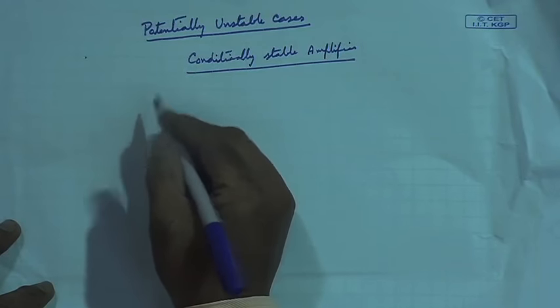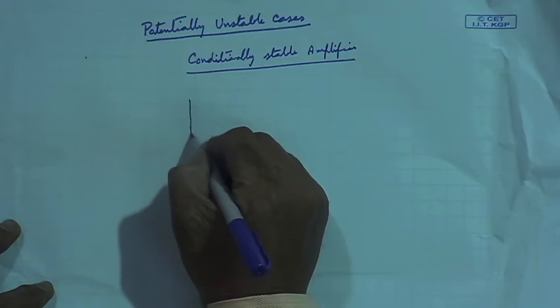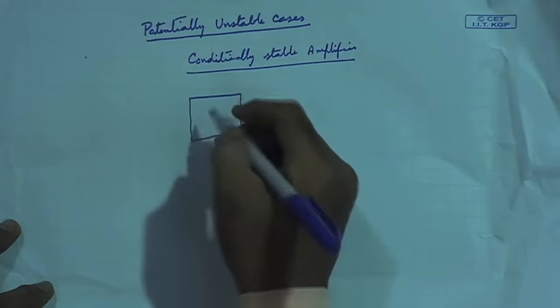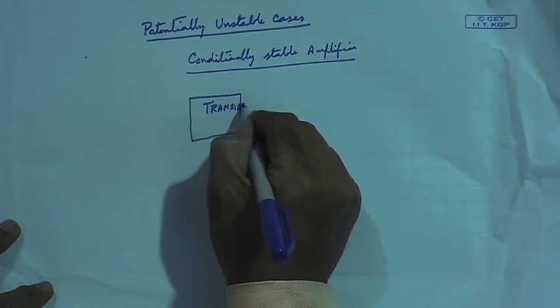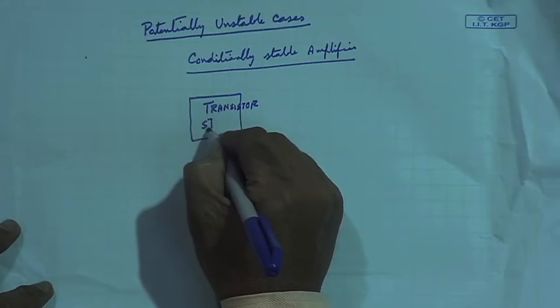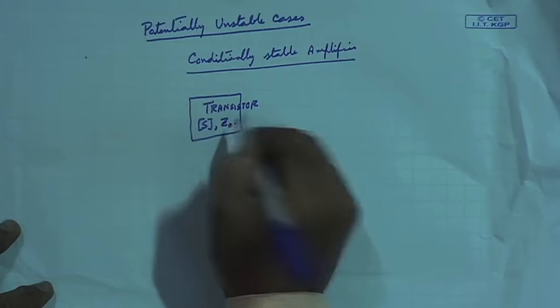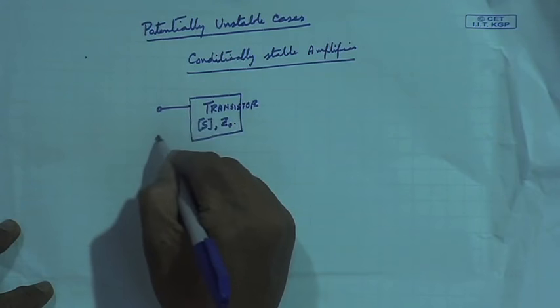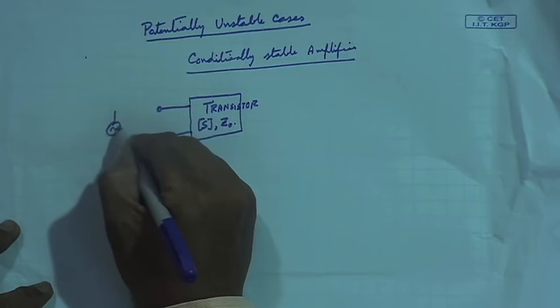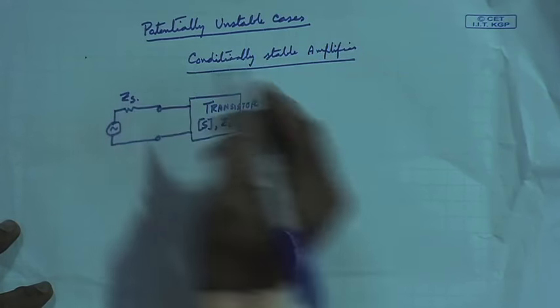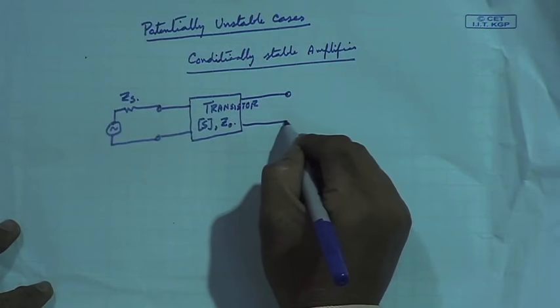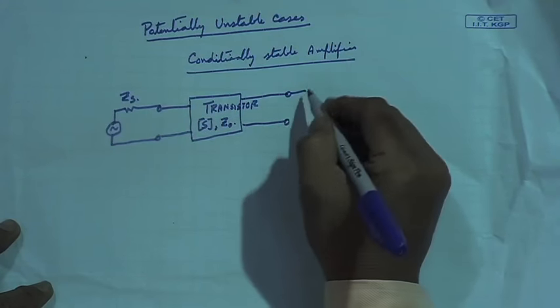So, we can recall that in a loaded transistor amplifier, that means if I have a transistor with its S parameters known and impedance level Z0, we will connect a source, and similarly we will connect a load.